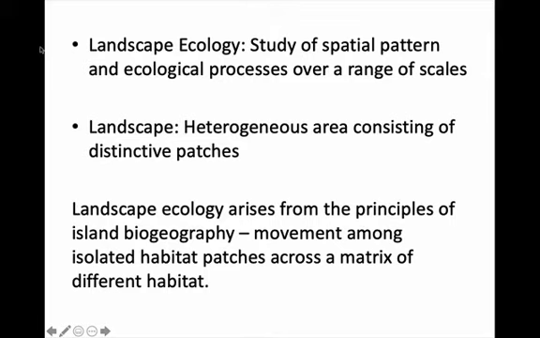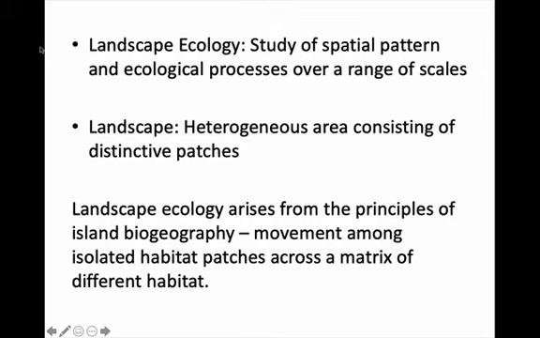So first off, let's just define a landscape as a heterogeneous area consisting of distinctive patches. Okay, and some patches may be entirely embedded in and surrounded by other kinds of patches, which of course would make island biogeography clearly very applicable to our understanding of what's going on in those patches.